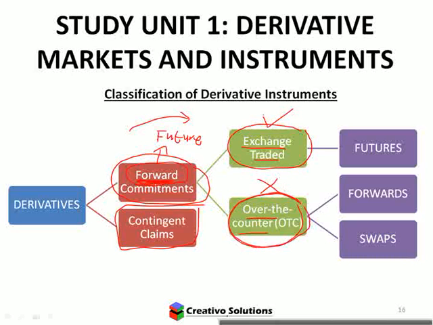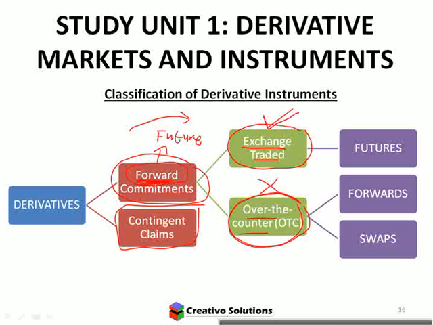There might be exchange traded derivatives that I don't fancy. There might be certain contracts that just don't meet my requirements. I want to customize it. For example, when someone goes to a car dealer, what does the car dealer do? They offer you all these options. Whether you take those options or not is totally up to you. But they give you that option because it's a way to customize your product or your service.